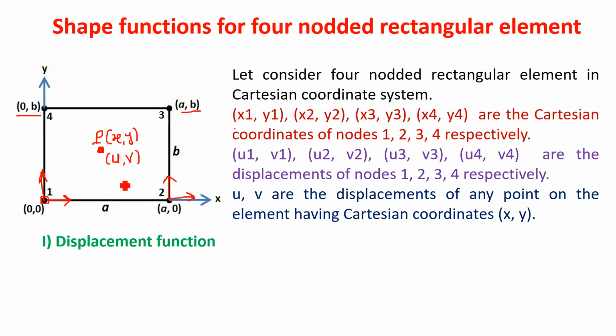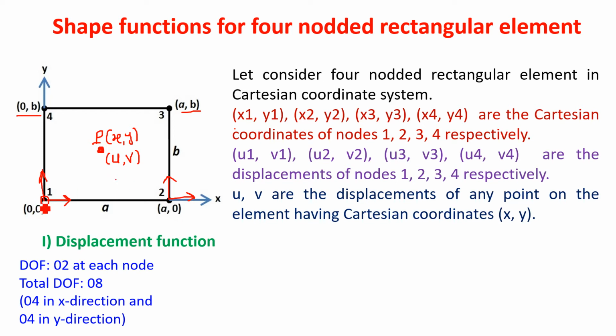Now since there are total 8 degrees of freedom, 2 per node, out of this 8, u1 to u4, 4 DOF are in x direction and 4 DOF are in y direction. So to write down the displacement function u, we consider the 4 degrees of freedom. So we have to select 4 elements from the Pascal triangle.